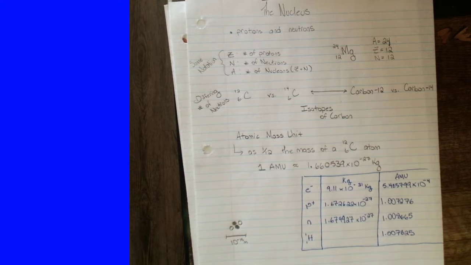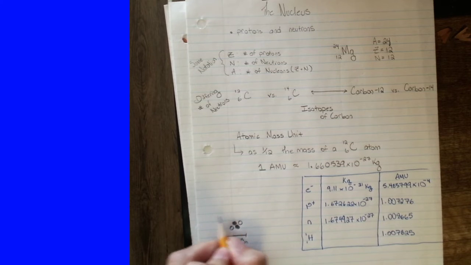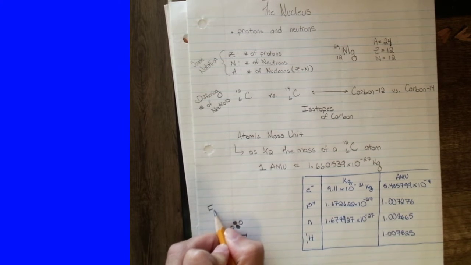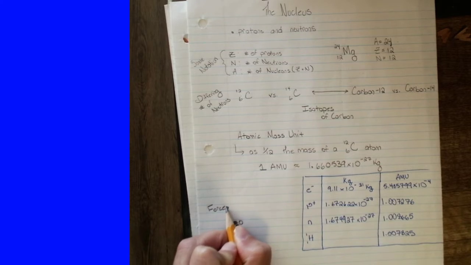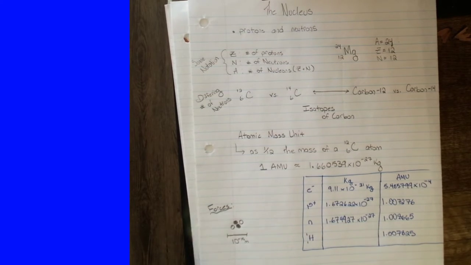What I want to do is take a look at the forces here. We want to look at it from a bit of a historical perspective. By the time they're looking at this, the early 1900s, it's pretty well just 2 forces.